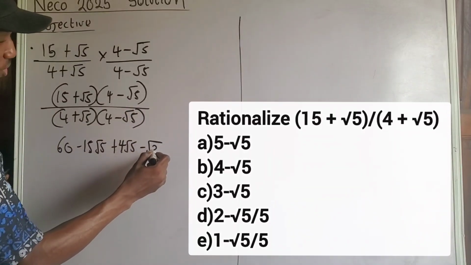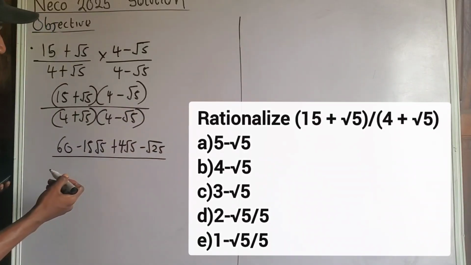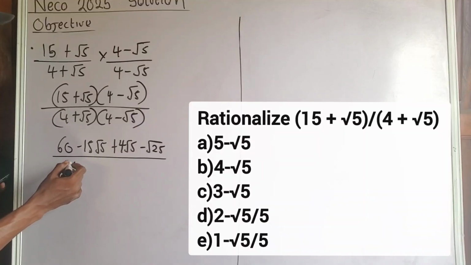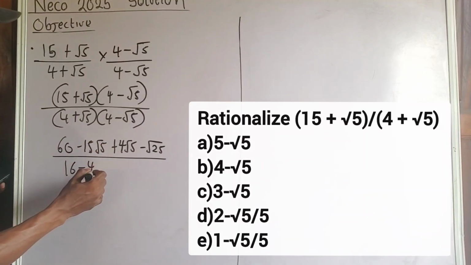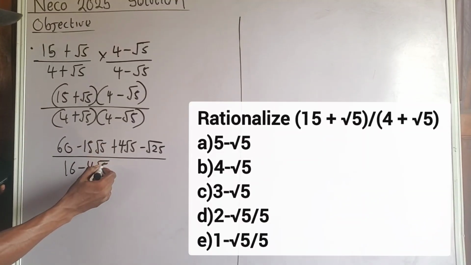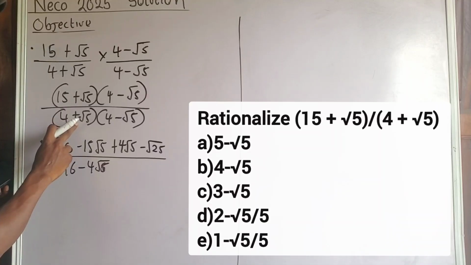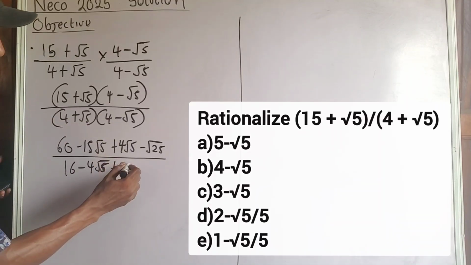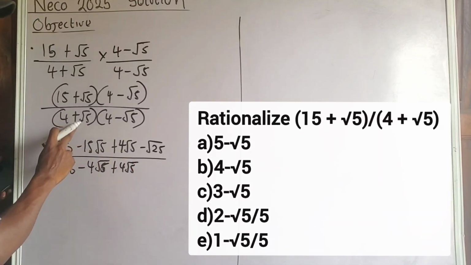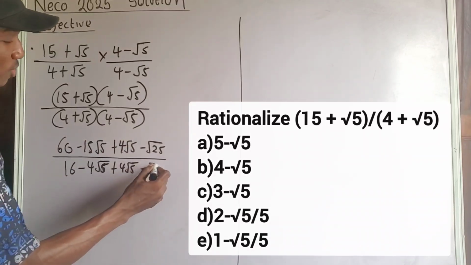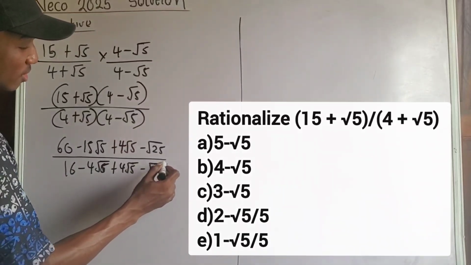This all over 4 times 4 is 16. 4 times minus root 5, minus 4 root 5. Then plus root 5 times 4, plus 4 root 5. Then plus root 5 times minus root 5, that is minus root 25. Do you understand?